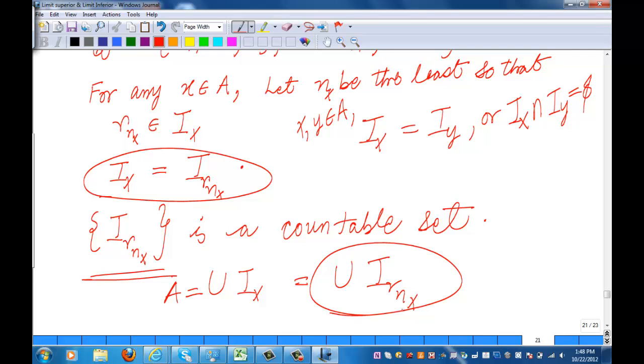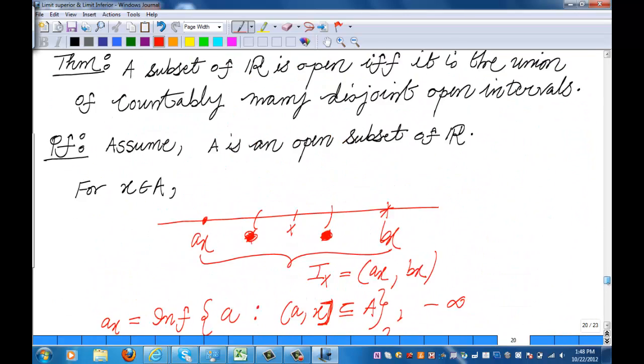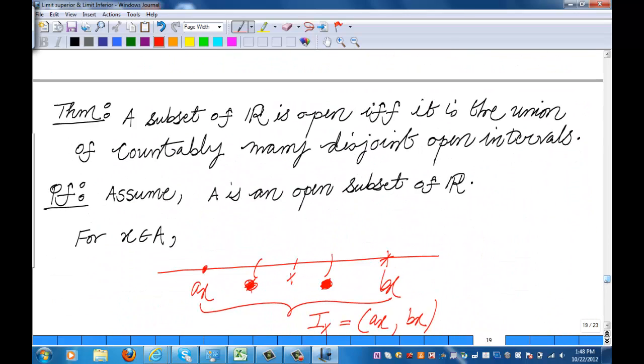Then that's going to contradict the fact that nx and ny are the smallest indices. Again, you don't have to worry about the details here. You have to remember, though, the fact that a subset of R is open if and only if it is the union of countably many disjoint open intervals. That's a very nice fact.